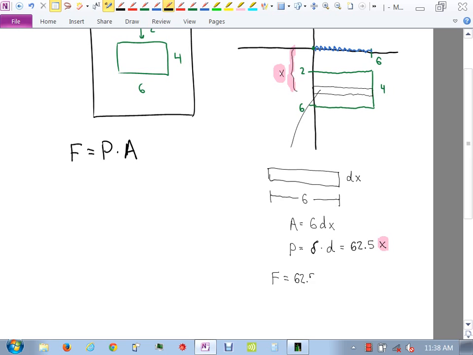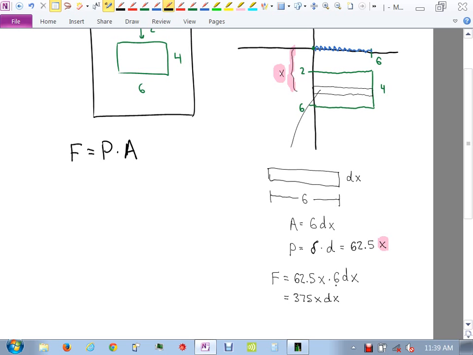It would be 62.5x times 6 dx. It's just P times A. Everyone see that? What's 62.5 times 6? 375? 375 x dx.